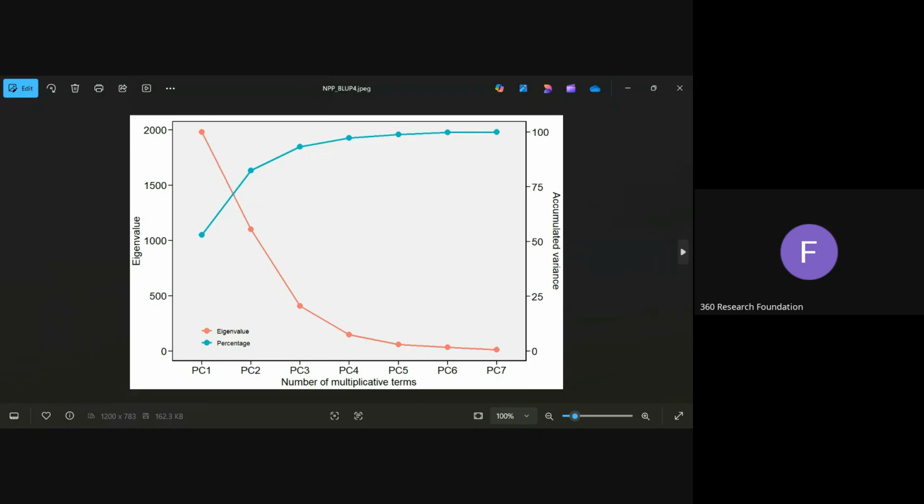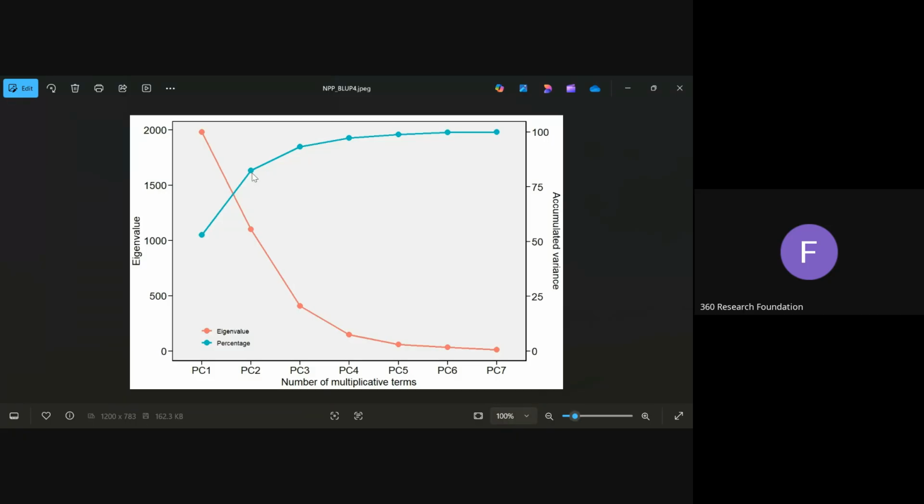This is the principal components graph. A total of 7 PCs are there. The orange one is the eigenvalue, and then there is the percentage.